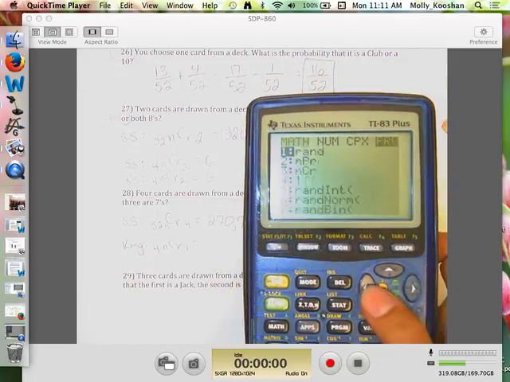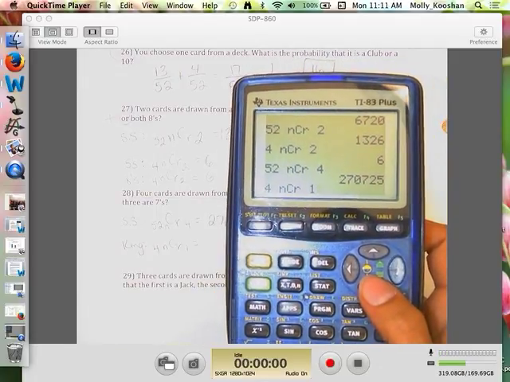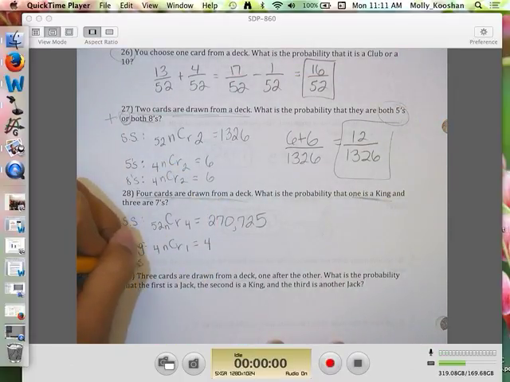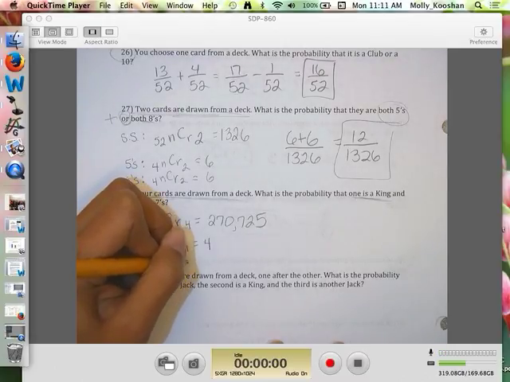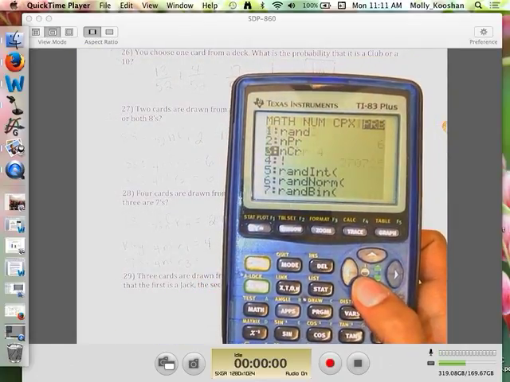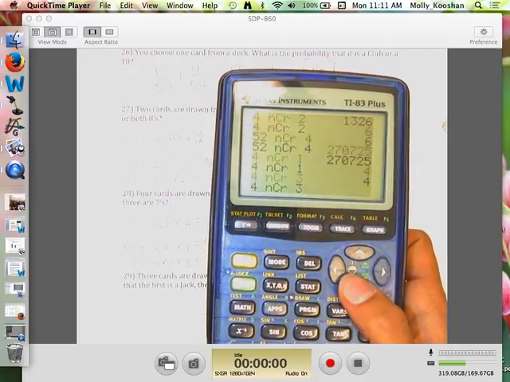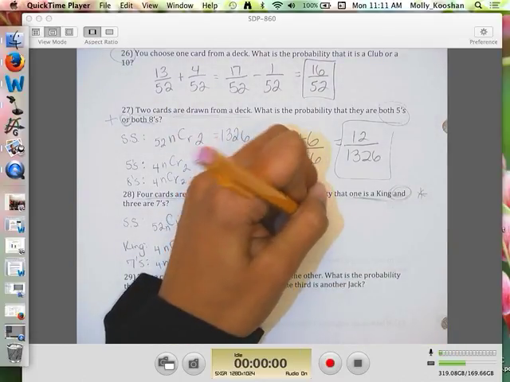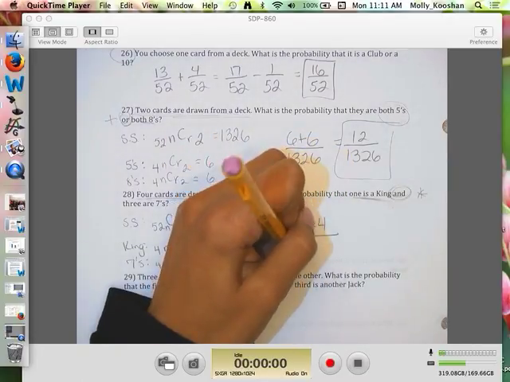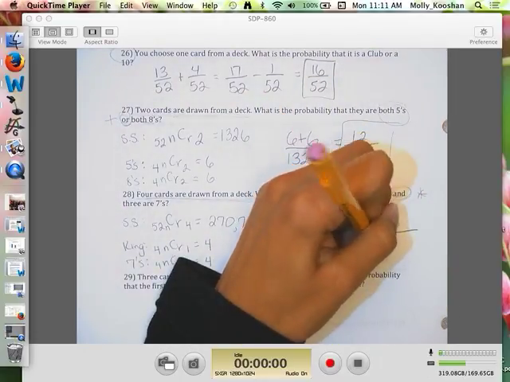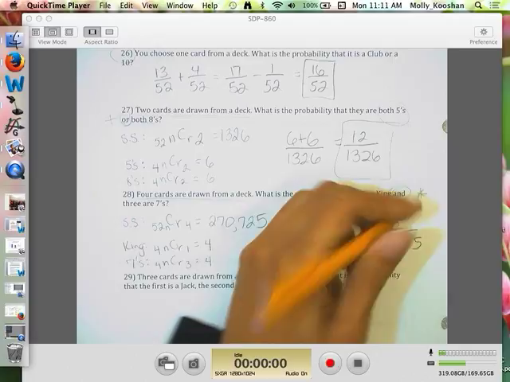So 4 nCr 1, you get 4. And 3 are 7s. So there's 4 7s. We want to choose 3 of them. So 4 nCr 3. It's 4 again. This word and, think multiply. So 4 times 4 out of our sample space gives us 16 out of 270,725.